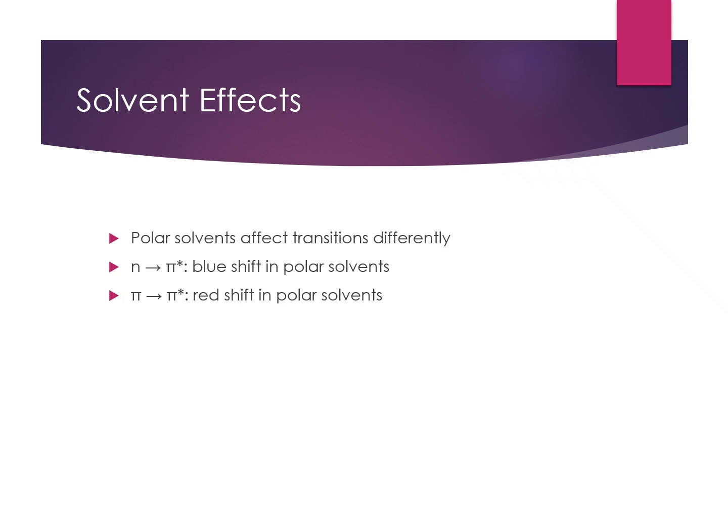And for pi to pi star transitions like aromatic rings, the excited state is stabilized more than the ground state, and delta E decreases, resulting in a redshift with higher lambda max. Therefore, solvent choice can drastically change spectral readings, which is why UV measurements often specify ethanol, methanol or water as the solvent.